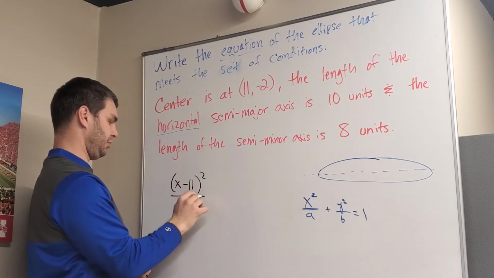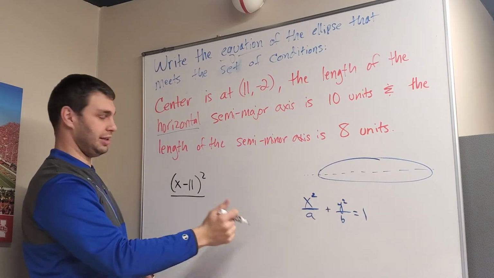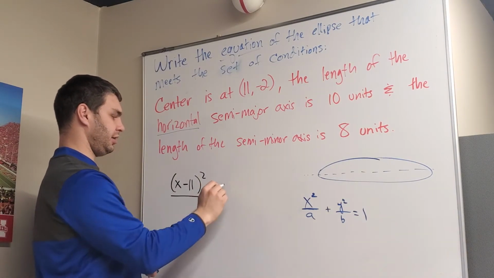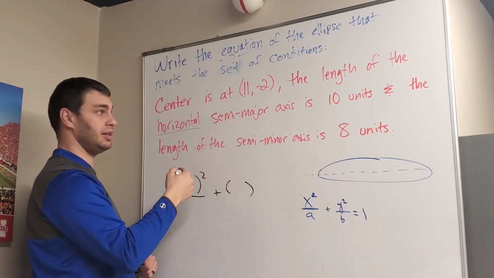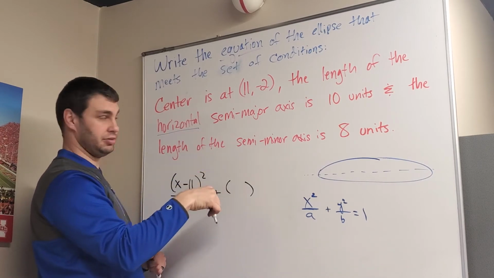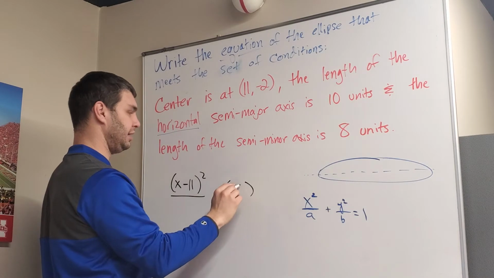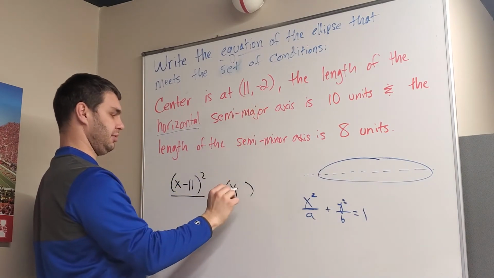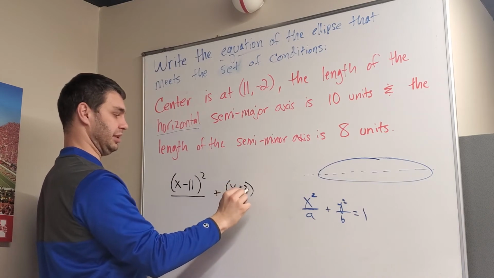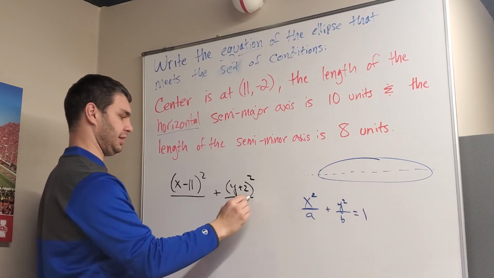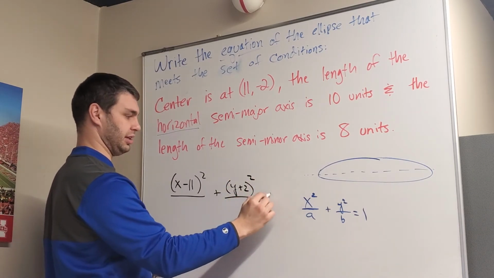And then that's going to be over our a value, which we'll talk about in a second. For the y's first, though, the y's are shifted 2 spots down. So this is going to be y plus 2 instead of the -2. That's going to be over our b, and this is all going to equal 1.